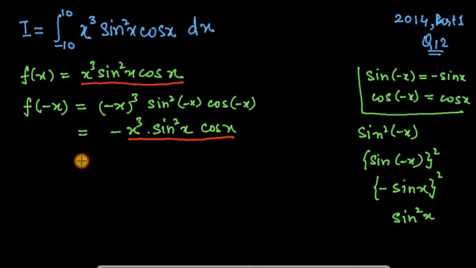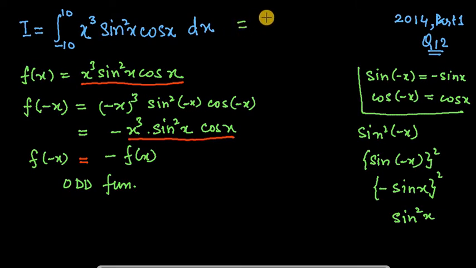So we can say this is equal to minus f(x), and the condition f of minus x is equal to minus f(x) is the condition for the odd function. So by this we can say that since this is an odd function and a is equal to 10 here, that is minus a to a, we can directly say that the result of this function is 0.